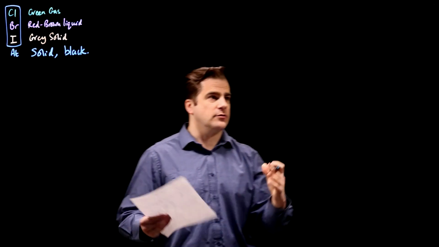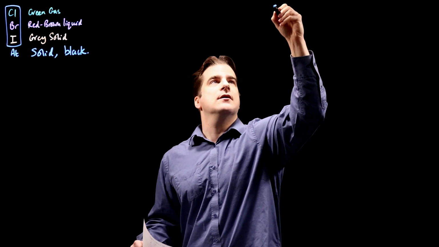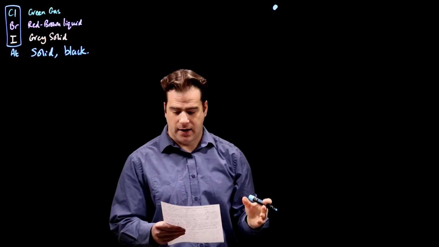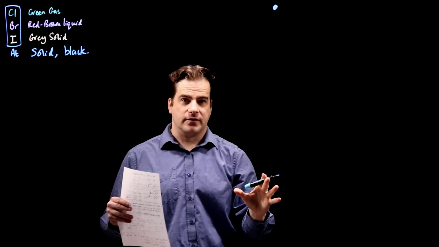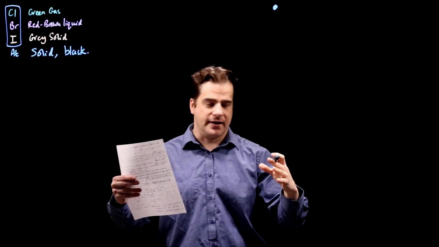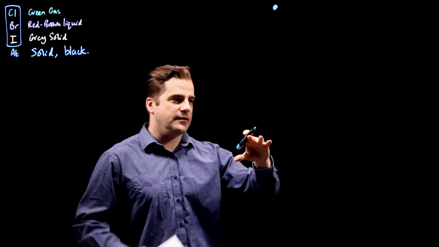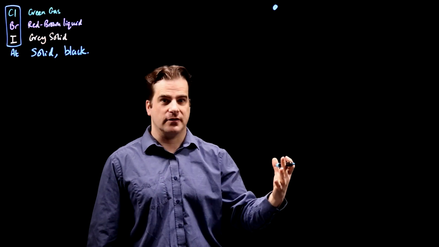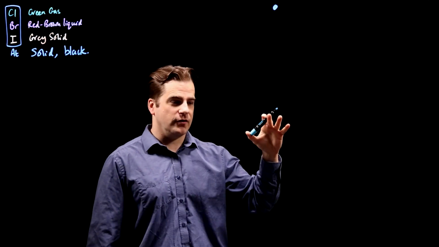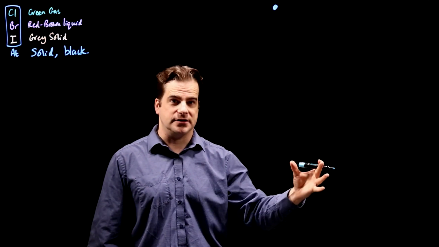Right, so, got to get 6 marks. How shall we start? Well, it's about salts, and adding the pure halogen, such as Br2, bromine, to a salt of one of the other halogens.